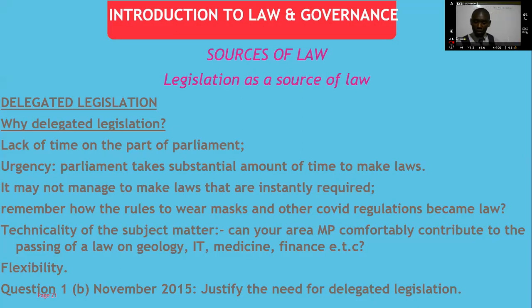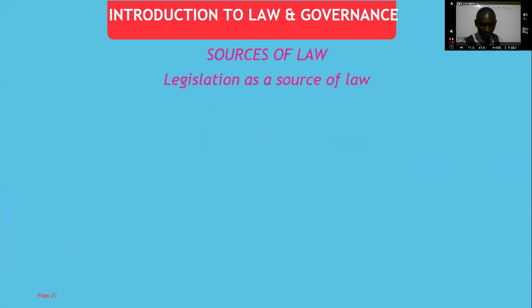And also the aspect of flexibility, that this other body might be flexible enough to pass laws in a timely manner, in a better manner, as opposed to the National Assembly or the Senate. So I think that one is well answered.